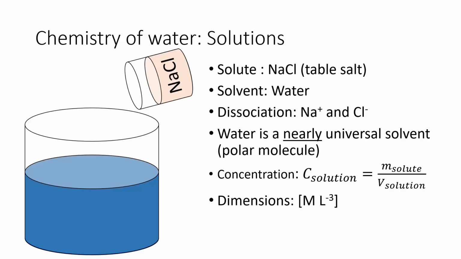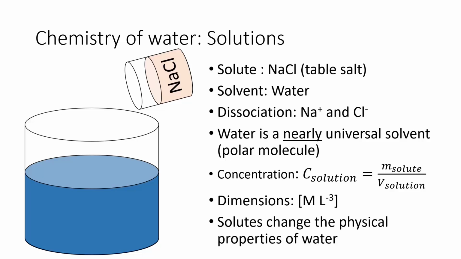So dimensionally speaking, we've got the fundamental dimensions of mass in the numerator, and we've got a volume in the denominator, which we've talked about as being a length cubed. So we have a mass per length cubed here for our dimensions of a concentration. Now there are other dimensions that you can use for concentration, but this is the one we're going to focus on.